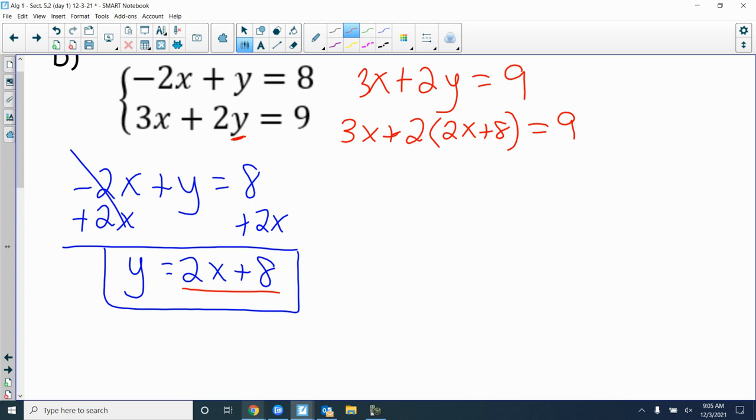Okay, why don't you guys simplify that really quick? See how you guys do. Simplify that, distribute the 2, combine like terms. You guys go ahead and solve for x. See how you do.